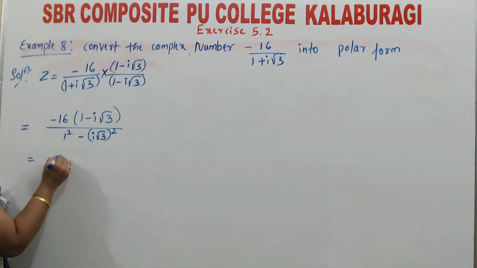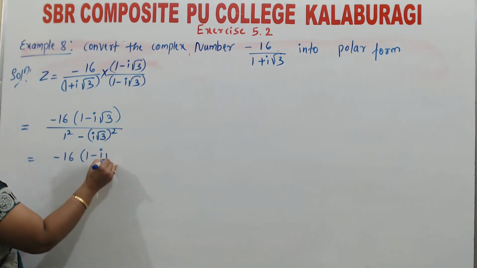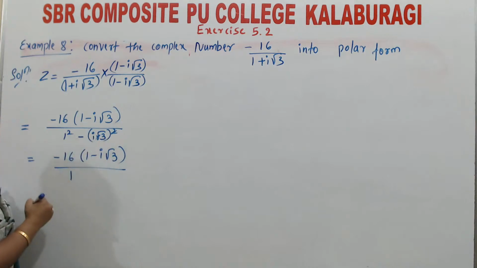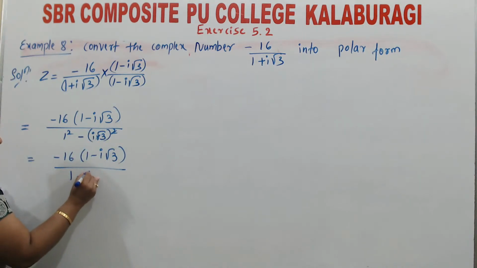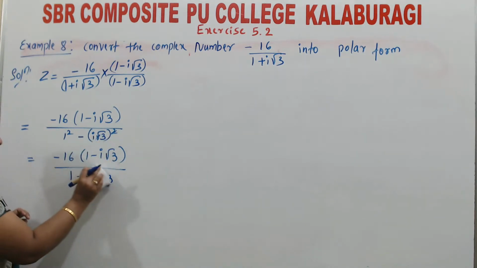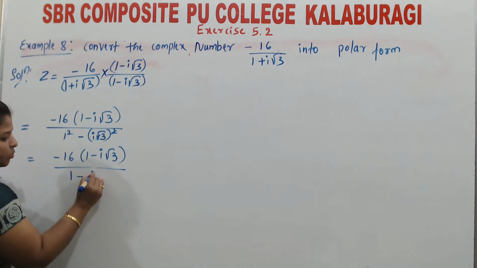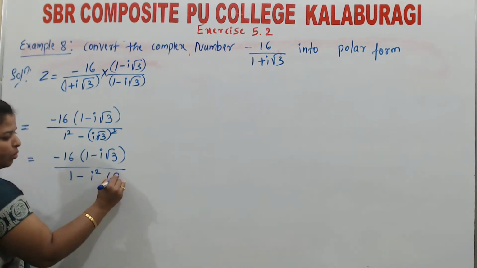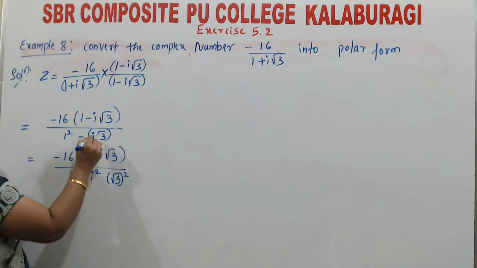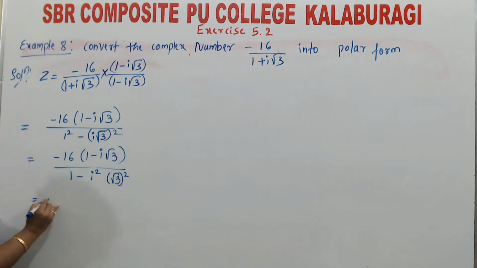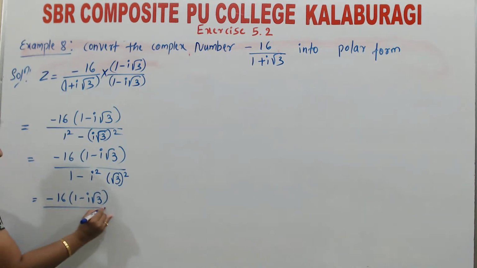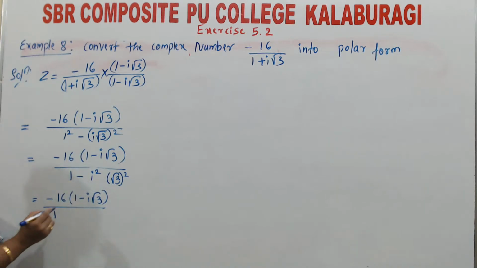Then this is equal to minus 16 into 1 minus i root 3 divided by the denominator: 1 square is 1, minus i square into root 3 whole square. Applying the square separately, the square root cancels, leaving i square into 3.